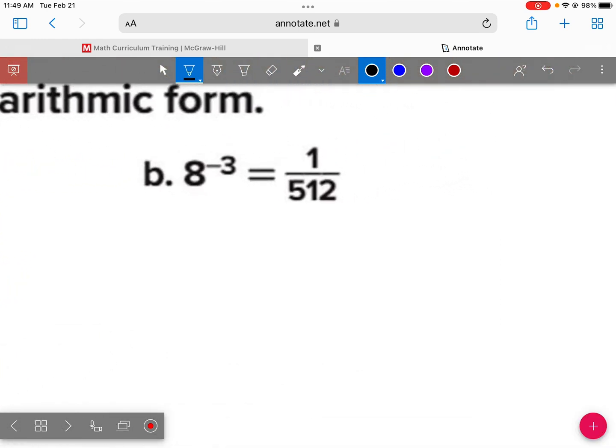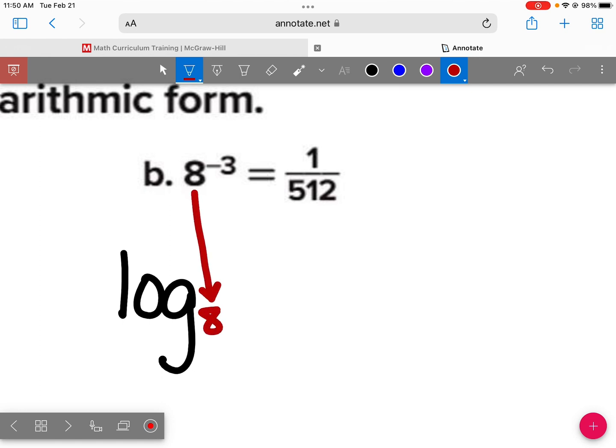What does part B have to start with? Log, L-O-G. And then what would I put after the L-O-G? Right after the L-O-G, what has to come next? The base. My base is 8. Then I put what?